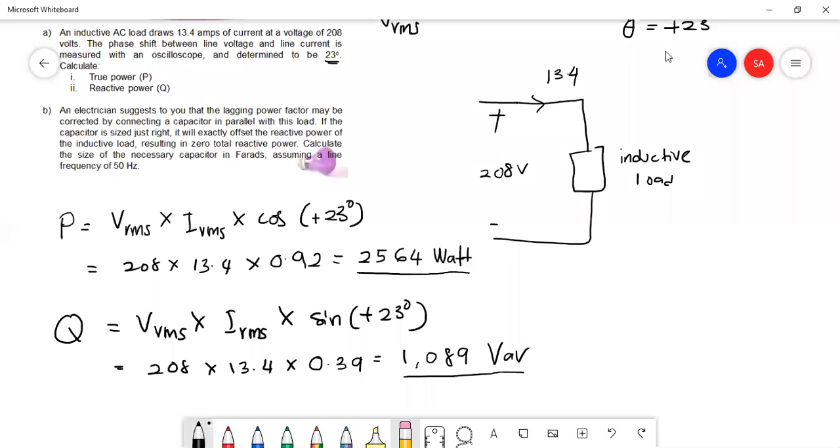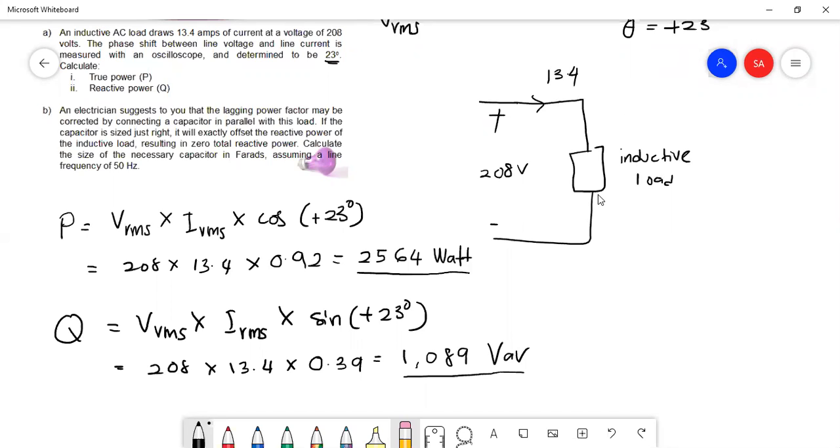Question B is more challenging compared to question A. An electrician suggests to you that this lagging power factor, which is the inductive load here, may be corrected. We can correct the power factor by connecting a capacitor in parallel with the load.